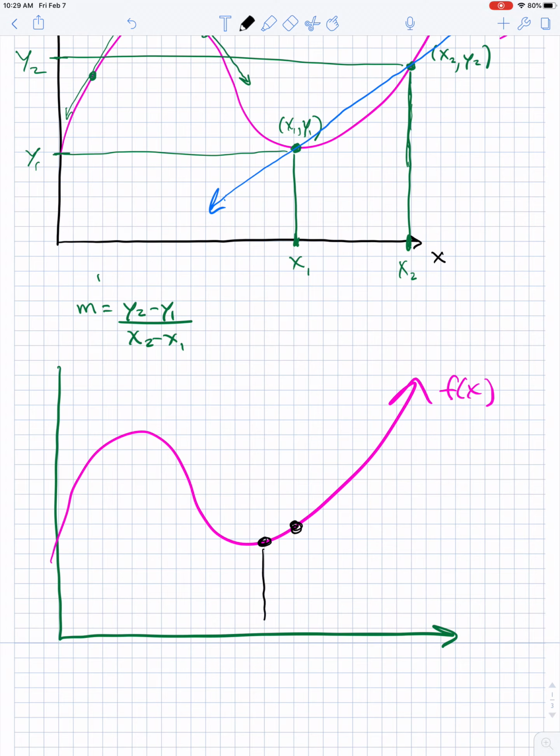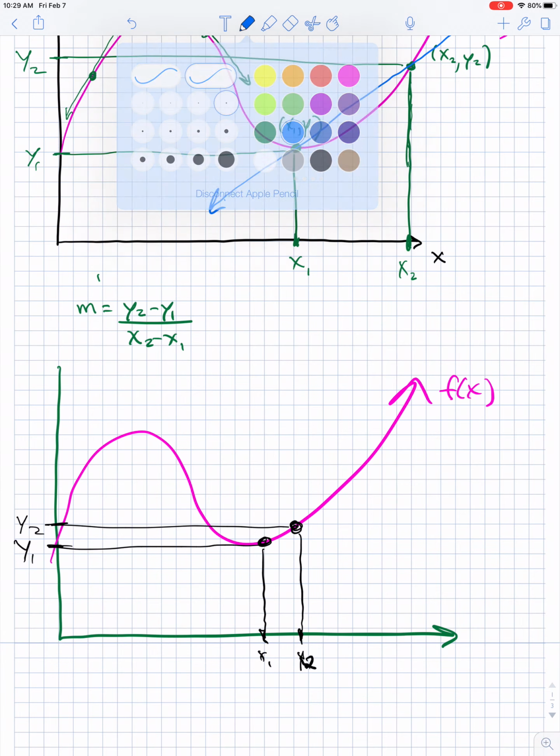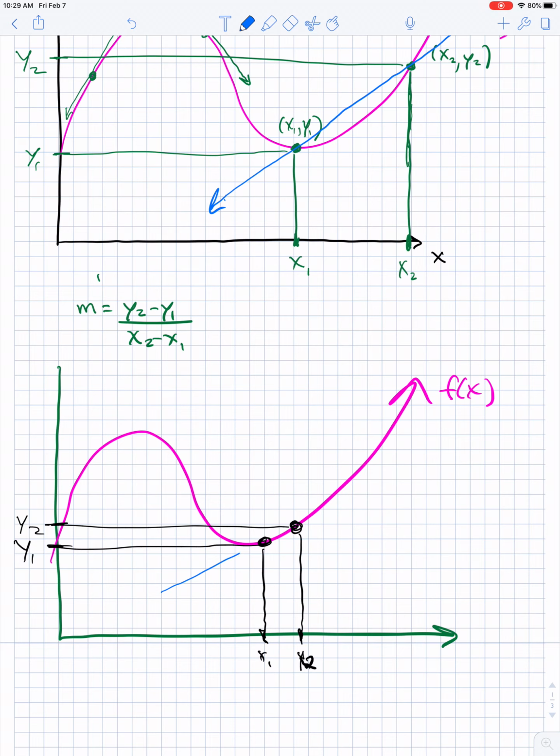So this is our new x1, y1, and x2, y2. Okay, so you can see now that if we calculate the slope of that line using the standard formula, well, we're going to get the slope of this line.